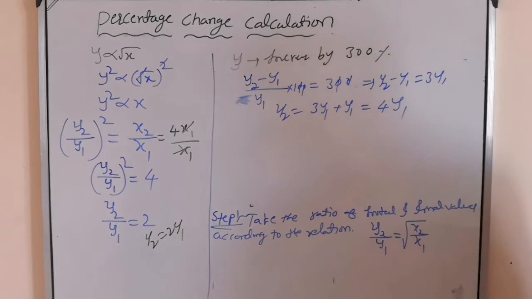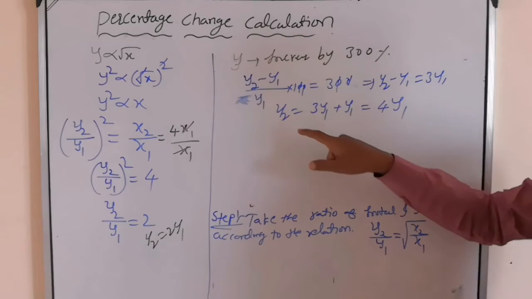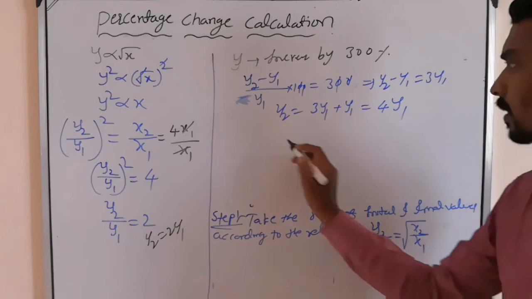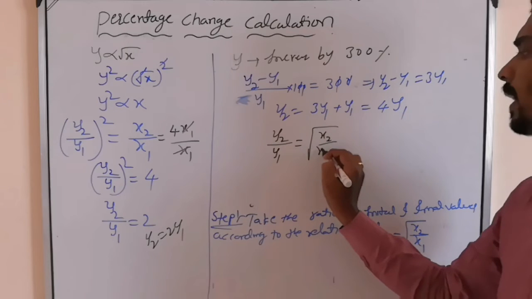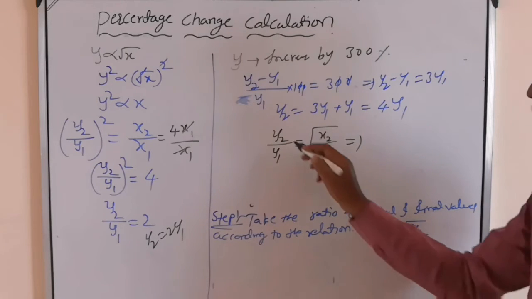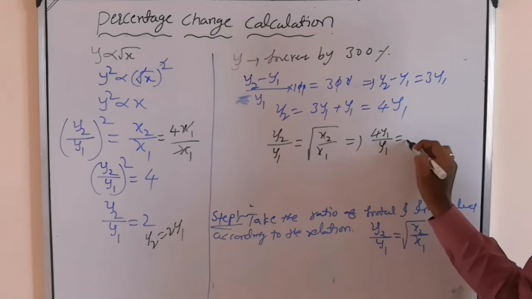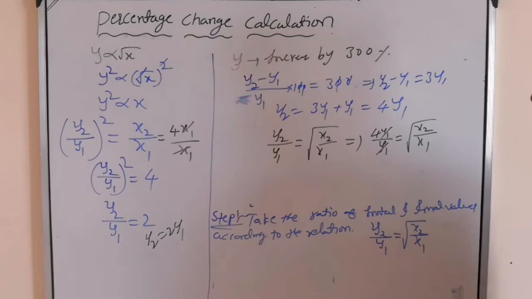Now, they have given percentage change for y, so you got the relation between y1 and y2. Then using this relation or that relation, take this relation, suppose. Now y2 by y1 equal to under root x2 by x1. So 4y1 by y1 equal to under root x2 by x1. y1 cancels.